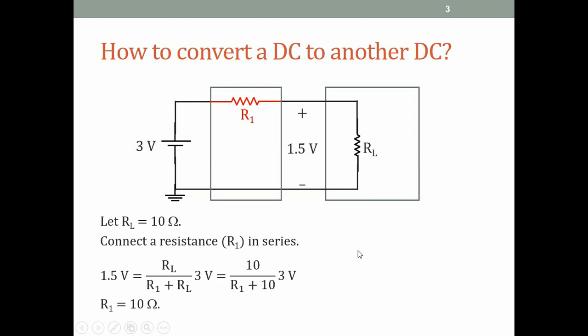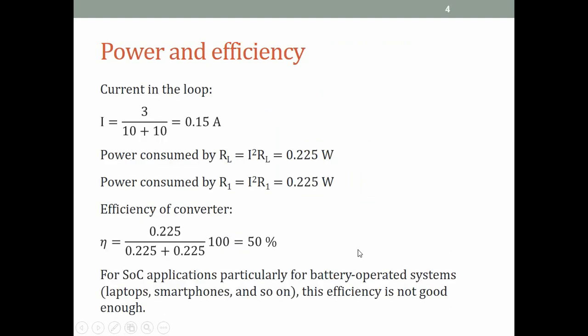Now let us look at the efficiency of this circuit, because that becomes an important thing. The first thing we say is, let's find the current in the circuit. The current is 3 volts divided by 10 ohms plus 10 ohms, so 3 by 20, that is 0.15 amperes. The power consumed by RL is I squared RL, which is 0.0225 times 10, so 0.225 watts. The power consumed by R1 is of course the same because RL and R1 are equal, so that also consumes 0.225 watts.